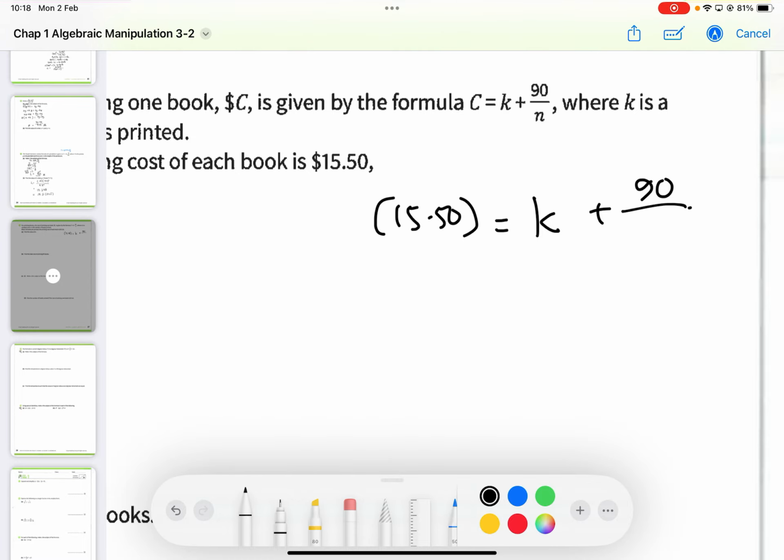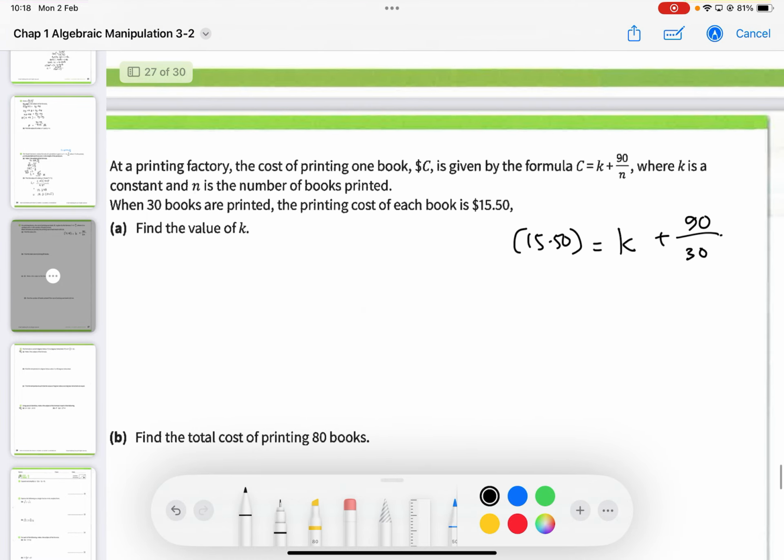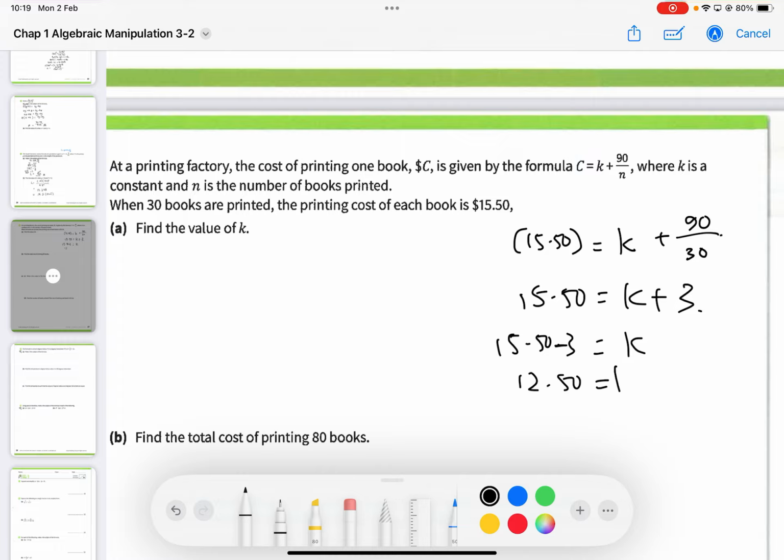N is 30. Okay? Simplify. 1550 equals K plus 3. So K is 1550 minus 3. So 1250 is K. Answer.